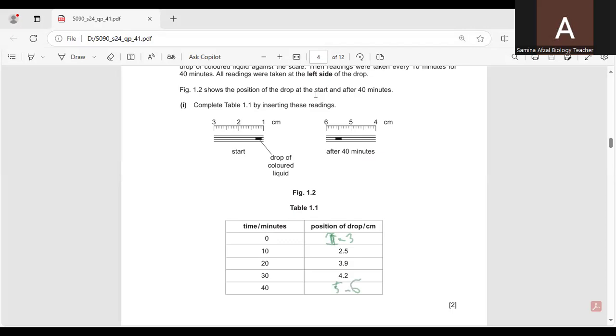So these are the two readings. At the start of the experiment it was 1.3, but at the end, after 40 minutes, it was 5.6.